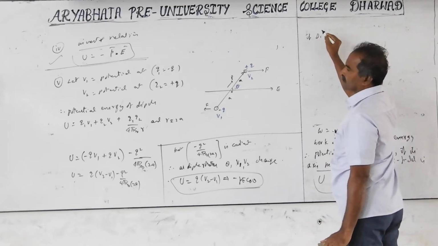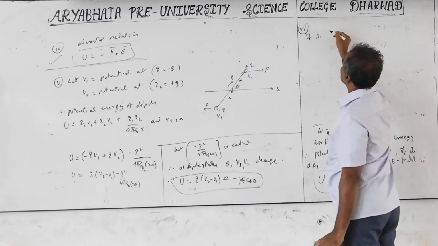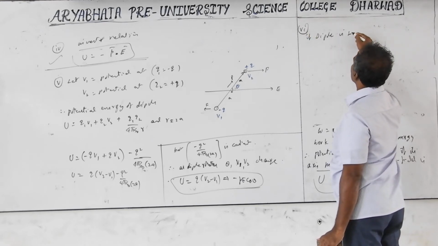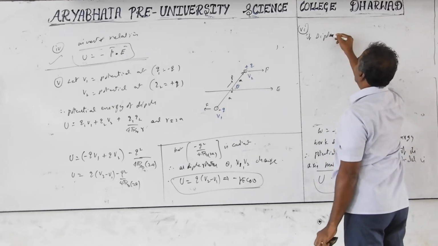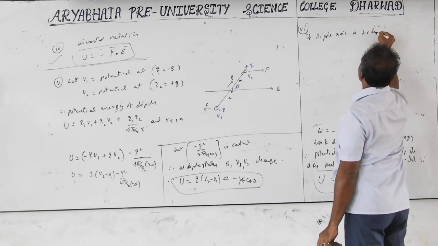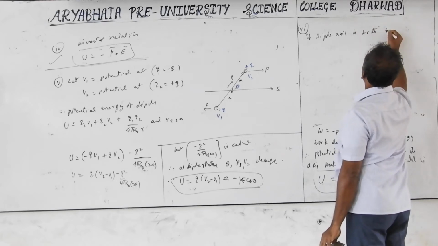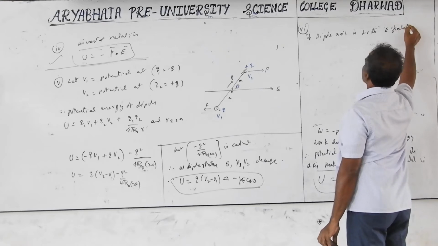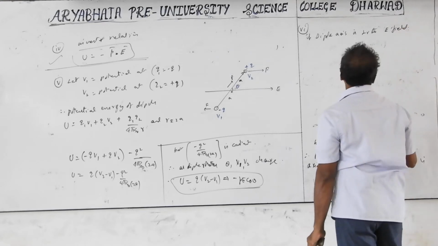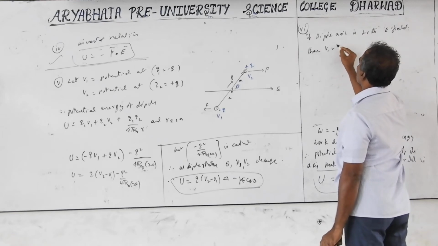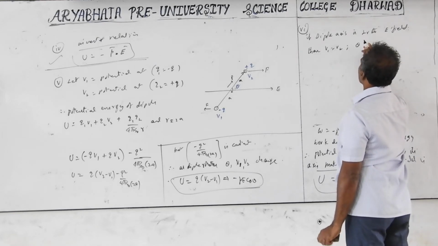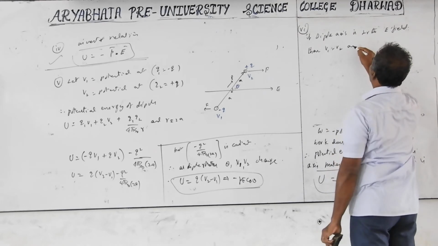If the dipole axis is perpendicular to the electric field, then V1 equals V2 and theta equals 90 degrees.